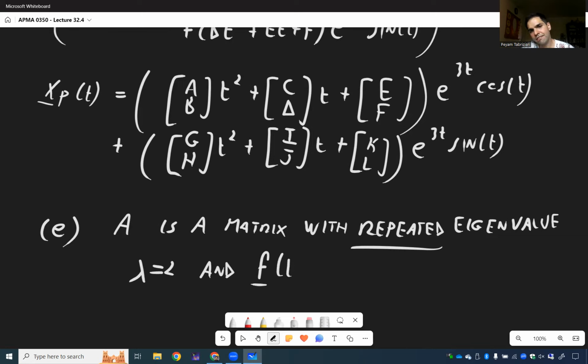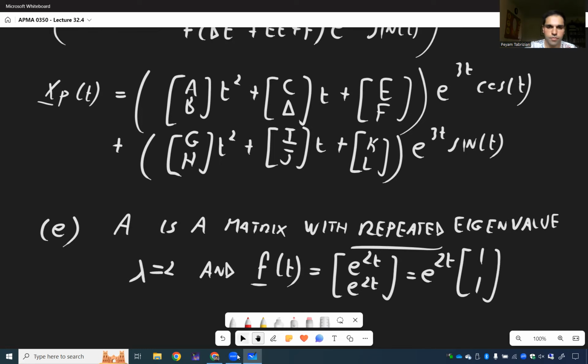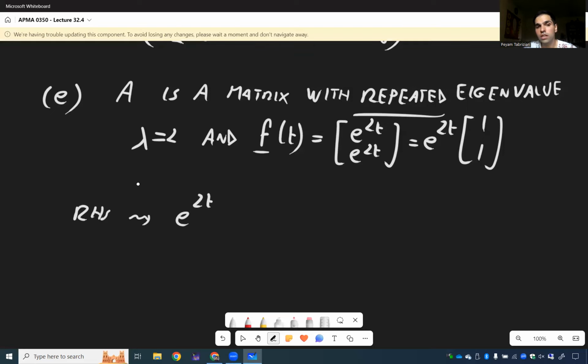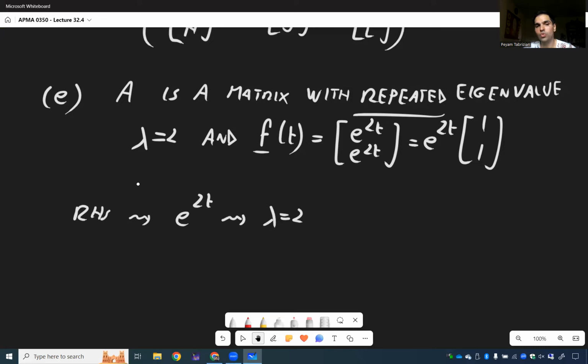And f of t is e to the 2t times (1, 1). So here, the right-hand side is e to the 2t, which corresponds to lambda equals 2, which coincides with the repeated eigenvalue, lambda equals 2. So in fact, there is not just simple resonance, but double resonance.